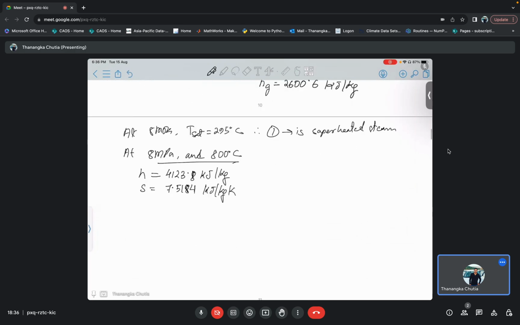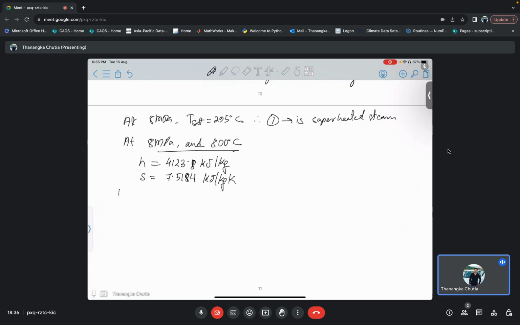Then the rest of the things are the same. My H1 will be H at 8 megapascal and 800 degrees Celsius, that is basically 4123.8 kilojoule per kg.